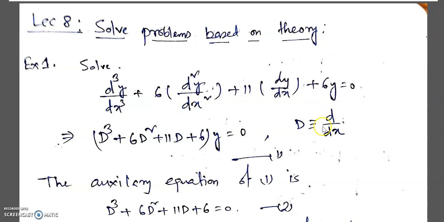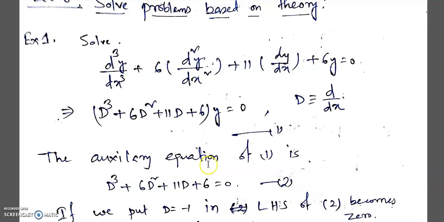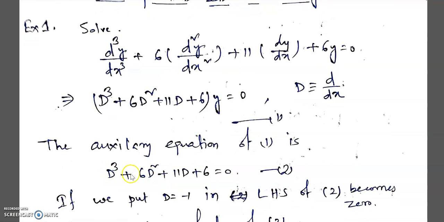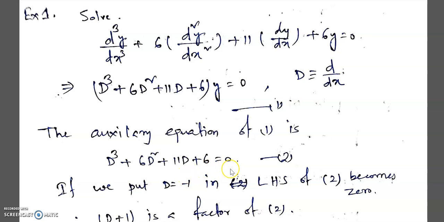Just see here, solve this differential equation equal to 0. In D form, if we write D as d/dx, we can write (D^3 plus 6D^2 plus 11D plus 6) y equal to 0. So its auxiliary equation is D^3 plus 6D^2 plus 11D plus 6 equal to 0.